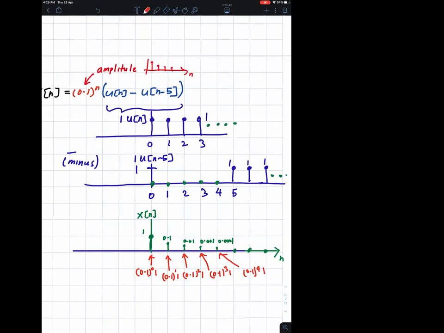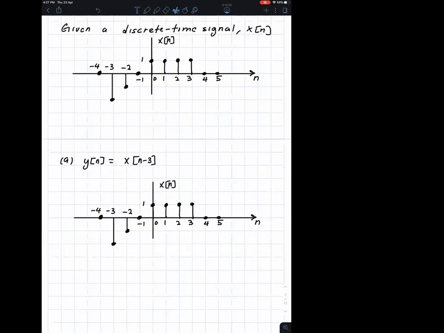Any other questions? x[n-3]: you're going to move the signal to the right by 3.